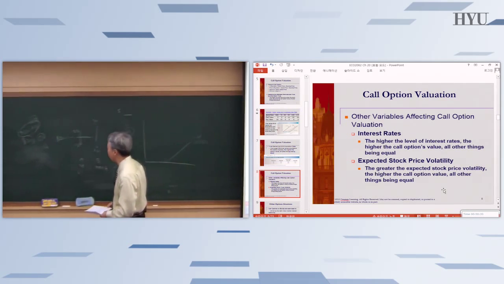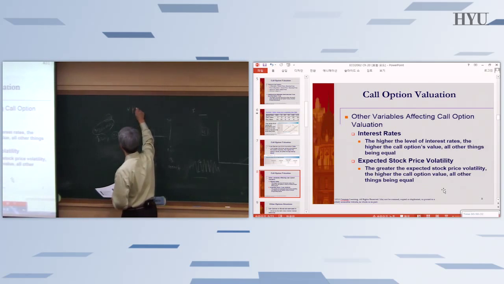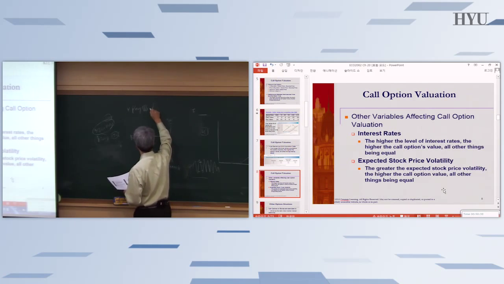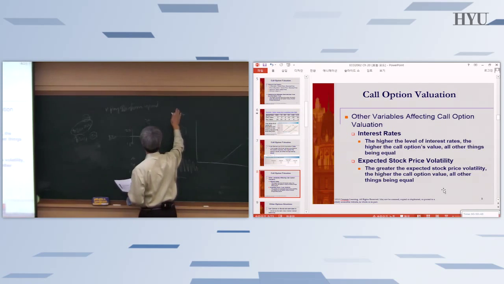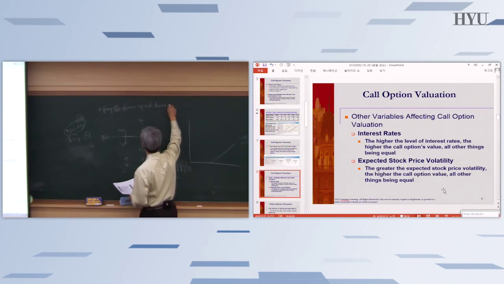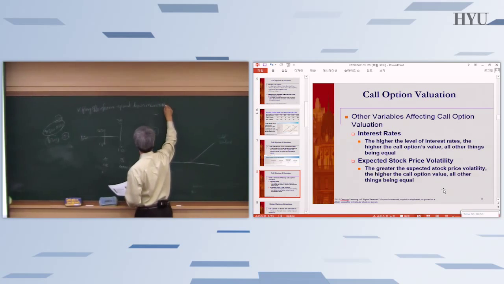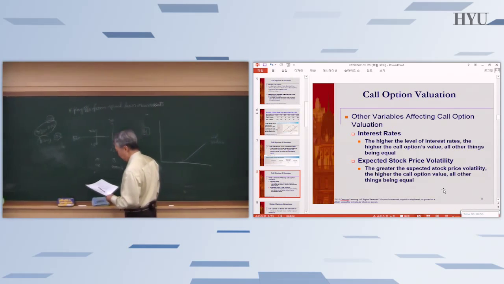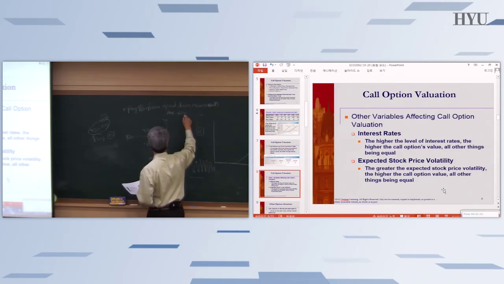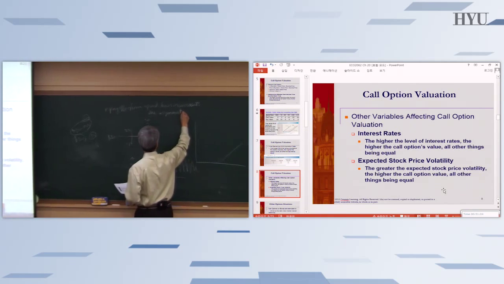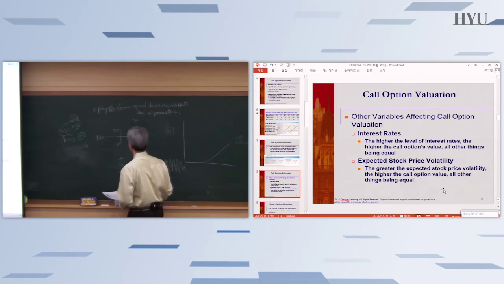You have to understand here, payoffs from up and down movements are asymmetric.